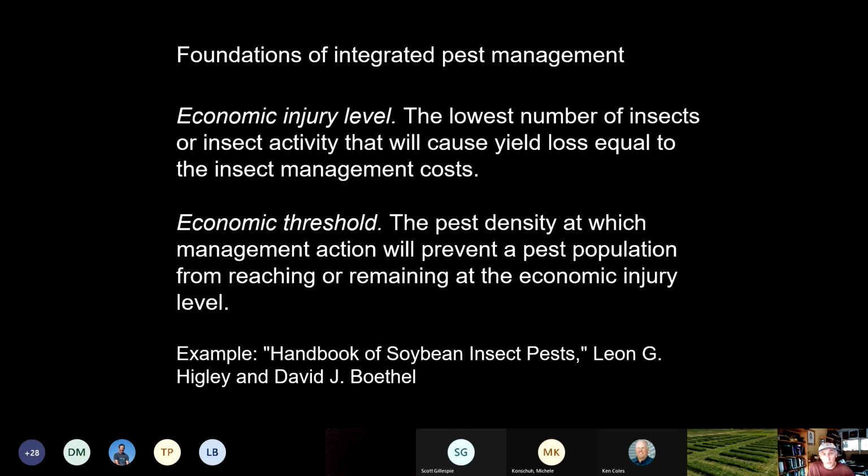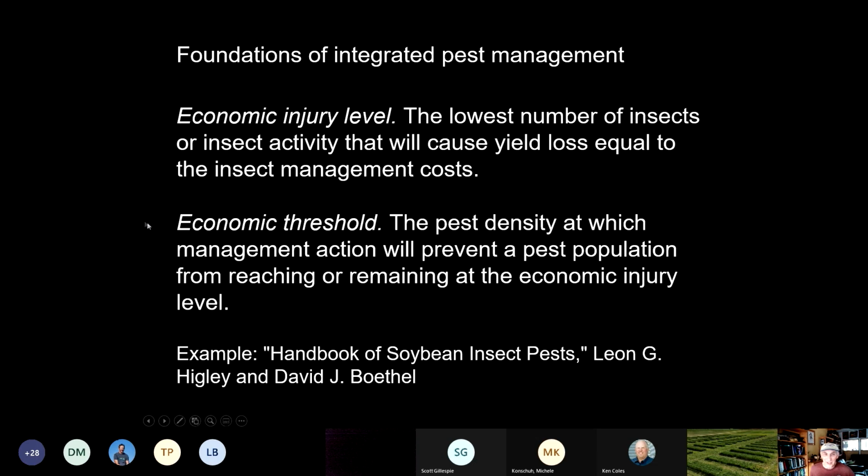Sometimes we would like to avoid damaging the environment, and sometimes we would like it to work for us in pest control. So the lowest number of insects or other attribute of the insects that we're measuring, like activity, that will cause a yield loss that would balance the control cost. I think everybody has a good feel for that. And the action threshold, or the economic threshold, is the pest density at which a management action prevents it from getting any worse or continuing to cause damage.